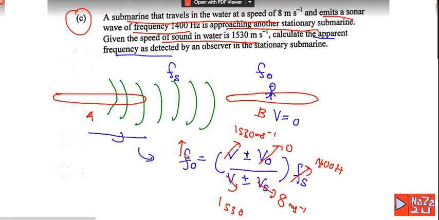To increase the frequency reaching the observer, you must use the negative sign here, so 1530 minus 8. You can use the calculator and find the final answer for question C. The apparent frequency detected by the observer is equal to 1407 Hz.